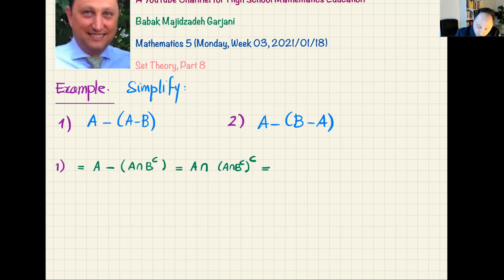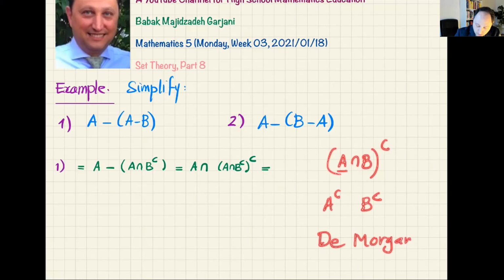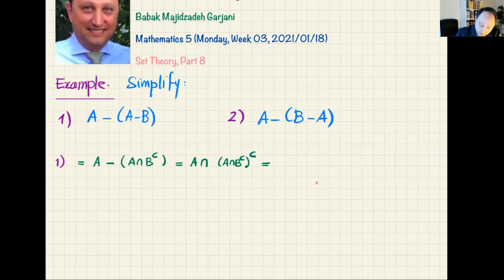So here, if I have A intersection B and I want to find the complement according to De Morgan laws, I can complement the first one, I can complement the second one. Do you remember De Morgan? We talked about these laws. But I have to change the intersection to union and the other way around. That is the main point here.